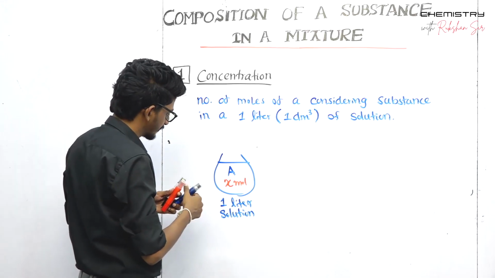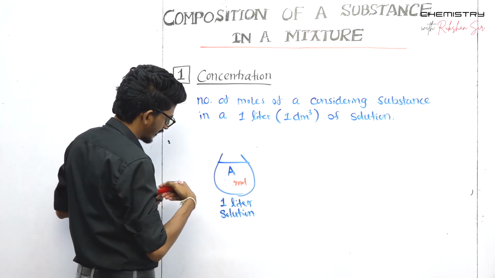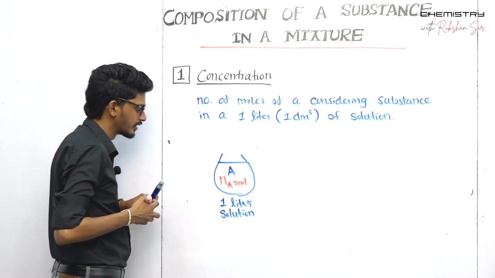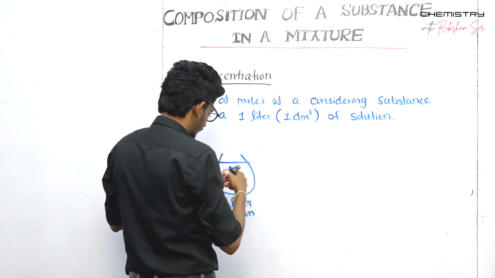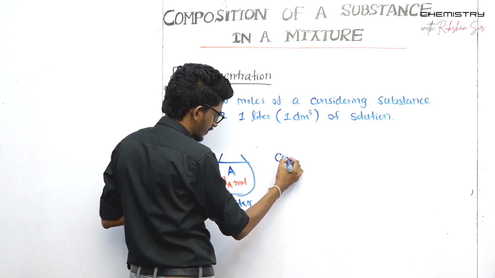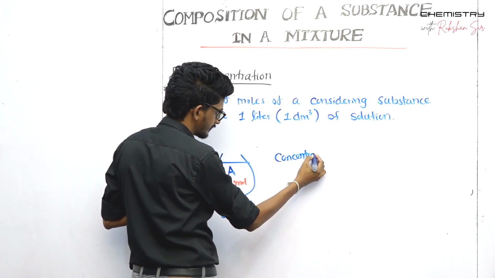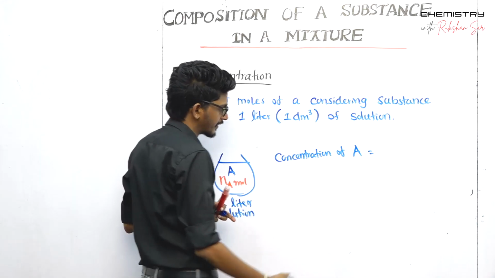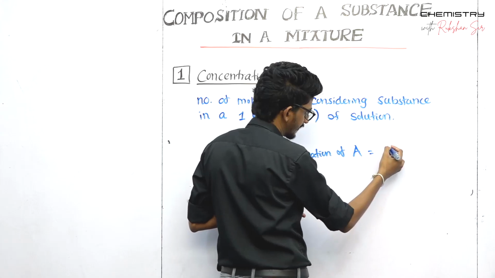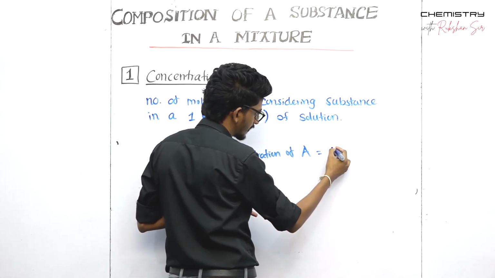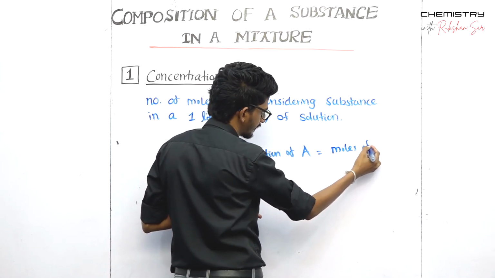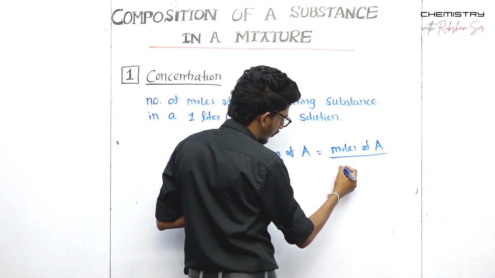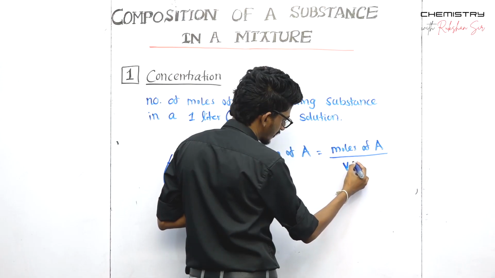So how do we write this? Let's take the number of moles as N. It is better to write the number of moles of A as Na. So the concentration of A can be expressed as the number of moles of A divided by the volume of the solution.